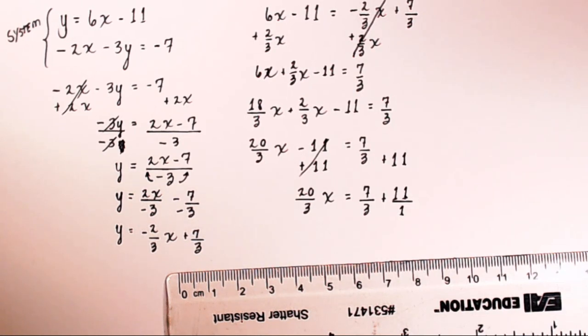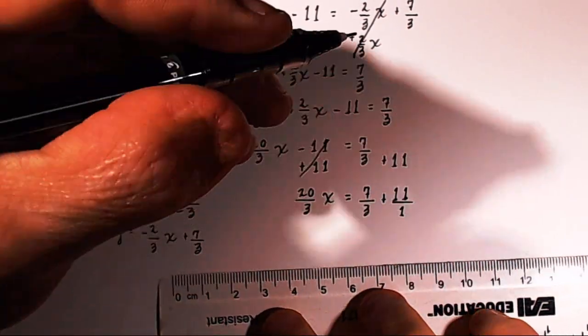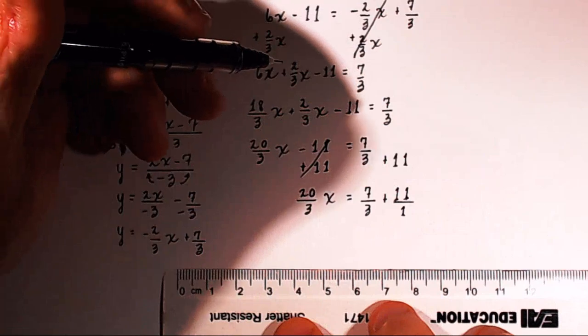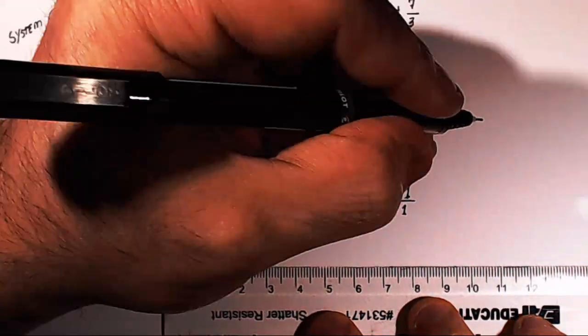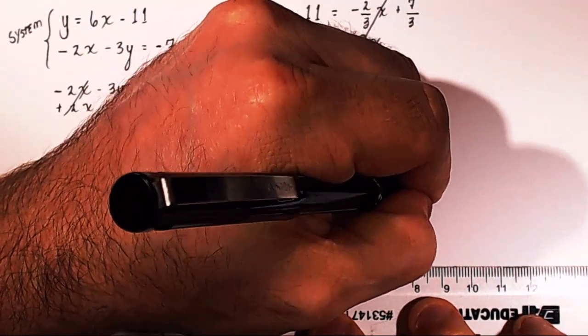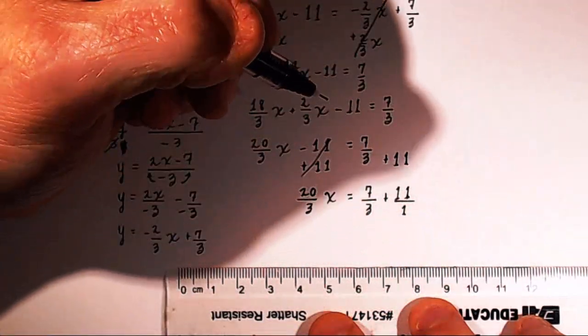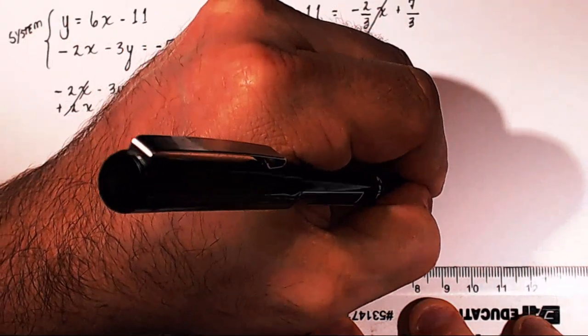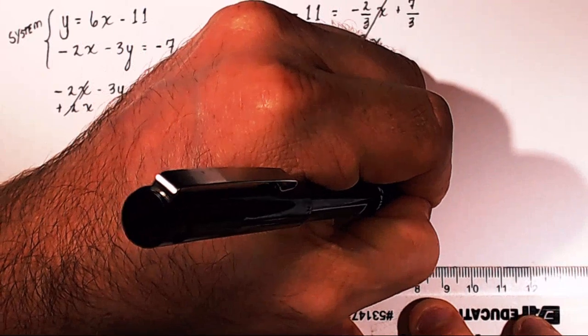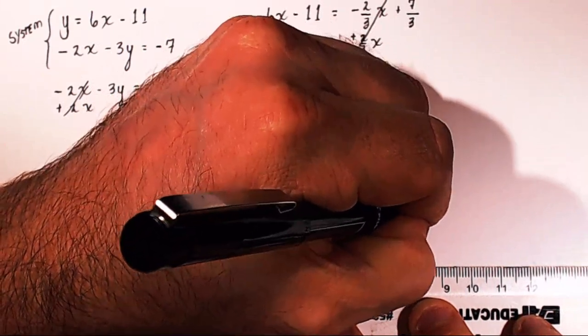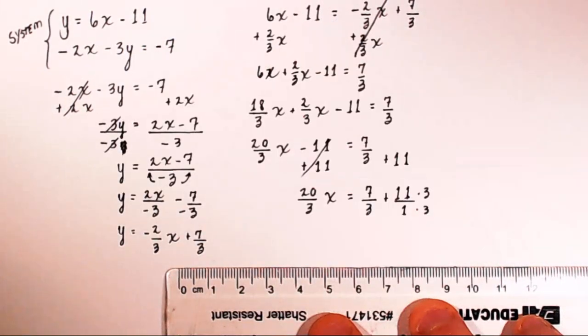What divided by 3 gives 11? You say, well, what's 3 times 11? 33. So in order to have a common denominator, I need to multiply 11 times 3 and 1 times 3. So that's how we do that, multiplying the top and the bottom by 3.